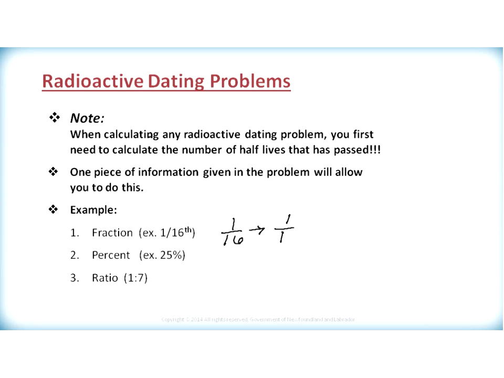This means that 100% of the radioactive sample is parent. From here, we take 1/2 of the fraction. So 1/1 multiplied by 1/2 will give us 1/2 of parent remaining. Therefore, 1/2 will be parent, 1/2 will be daughter.